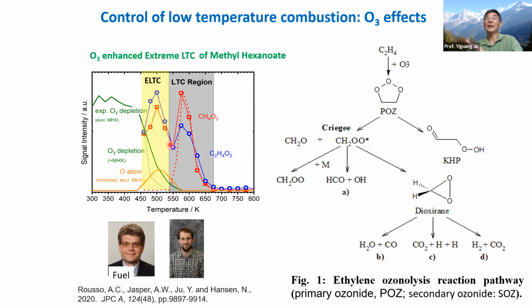But with ozone addition, there is a region of extreme low temperature combustion, even above 450 Kelvin, an oxidation window. This is all because ozone decomposes to form atomic oxygen around 430 or 420 Kelvin in a flow reactor, which promotes low temperature chemistry to be seen.